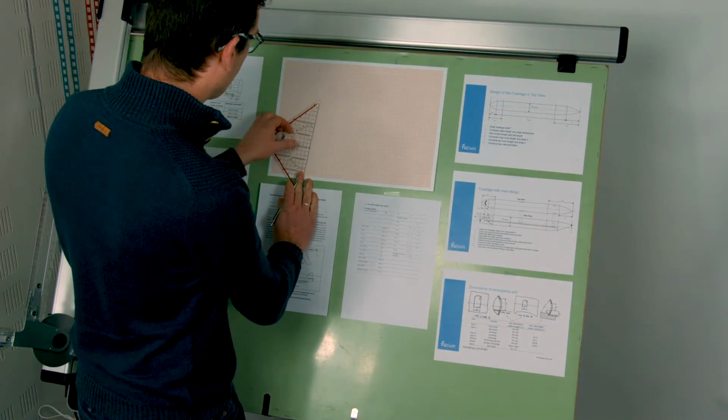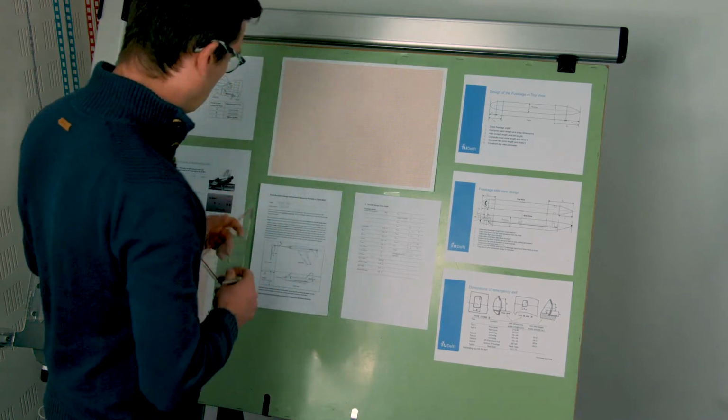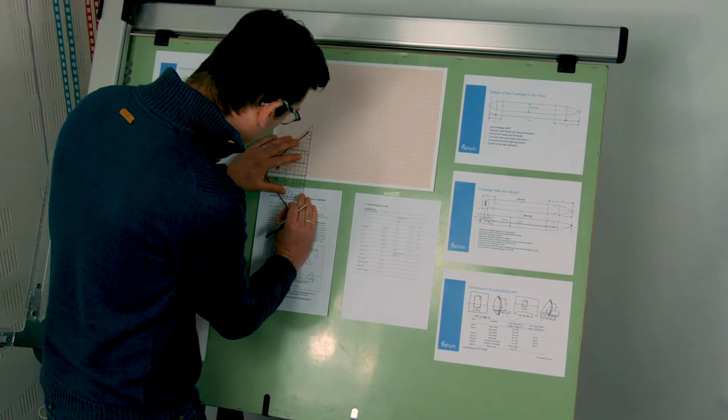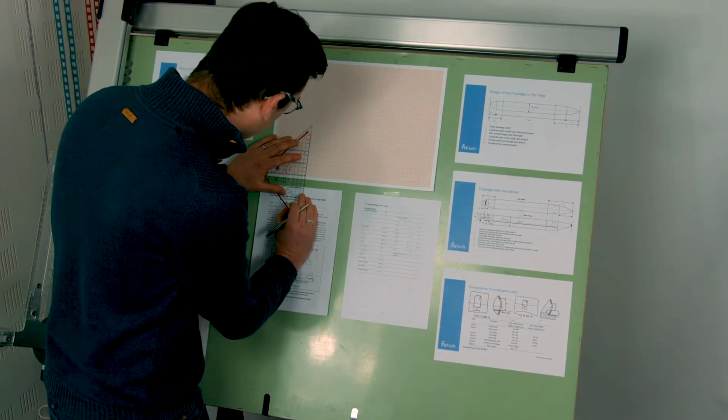I'm drawing a dashed line down just to mark that, and from the bottom I also need to be 90 millimeters off, so from 0 to 9. There we go.